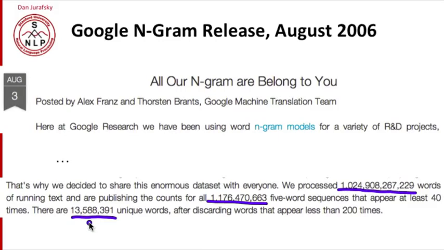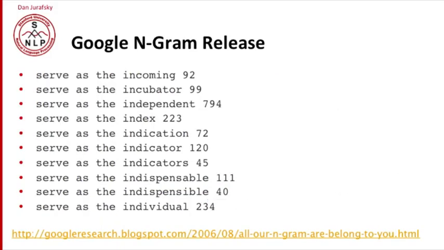So a huge data set which you can download and use for any kind of Ngram applications you'd like. So here's an example, some of the data from the Google Ngram release. Some 4-gram counts for 4-grams beginning with serve as the, in words beginning with IN. So this is a very big corpus. And you can see that serve as the indication occurred 72 times in this web corpus. And you have more information on the Google Web Corpus there.